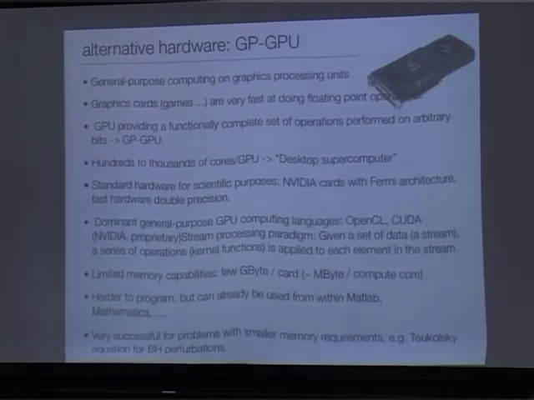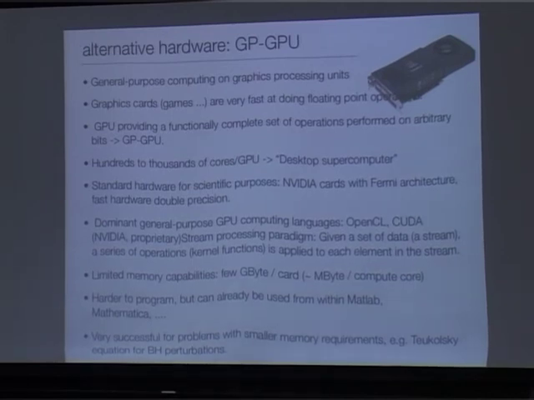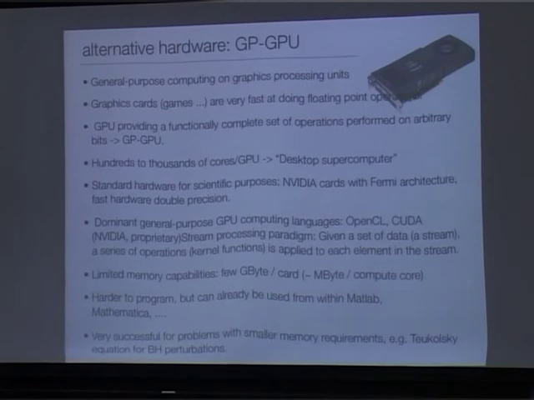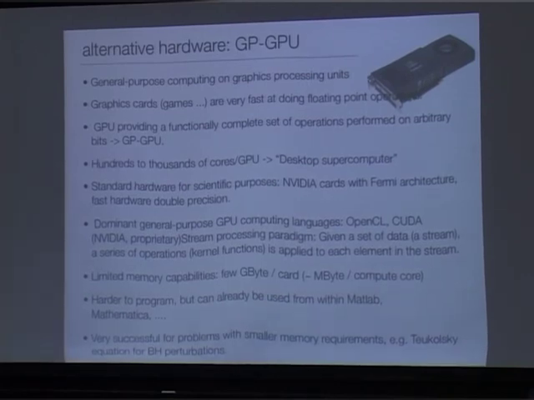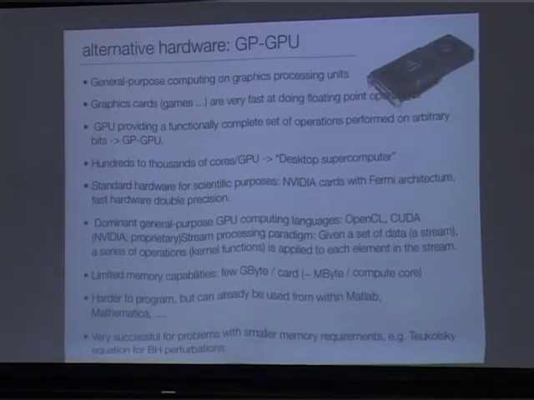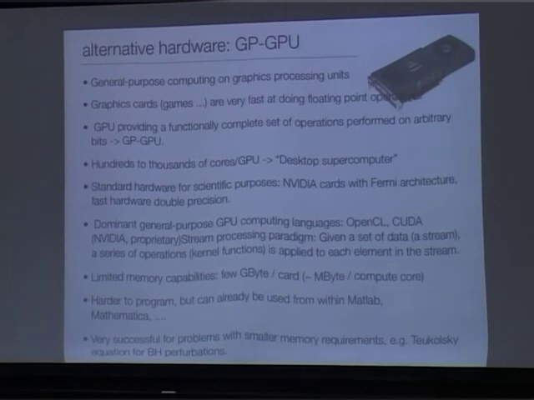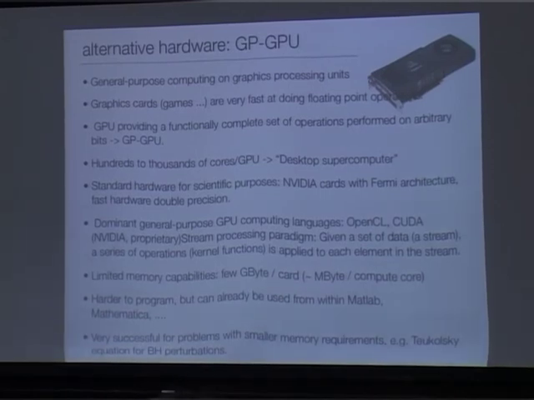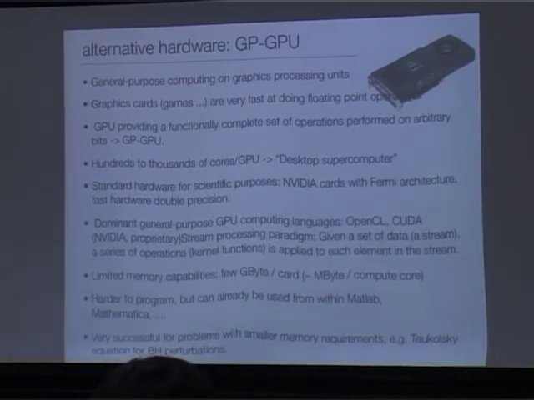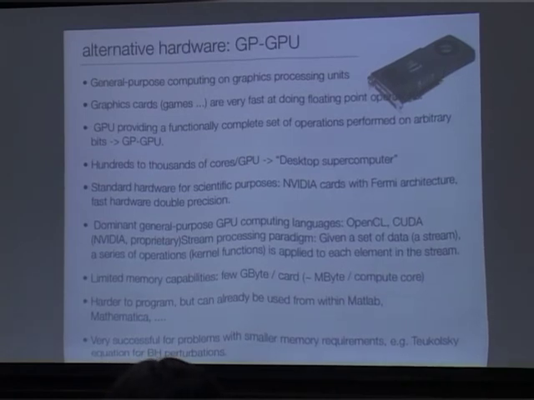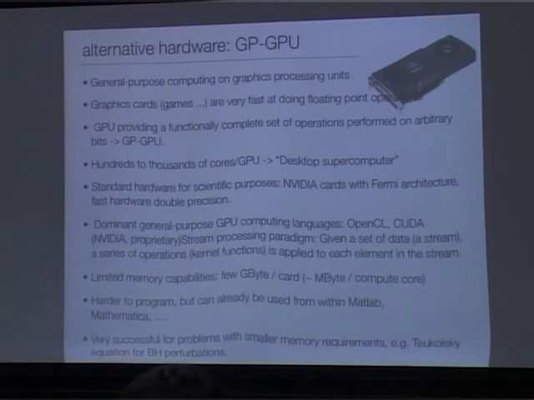Graphics cards have many processors. Each of these processors is somehow weak with very small memory, but you can have hundreds of thousands in a small card. So for operations which vectorize very easily, this is very useful. They're difficult to program because each of these processors has little memory, so you have to be careful with the transfer of memory.